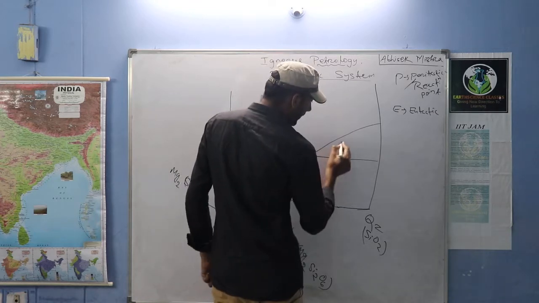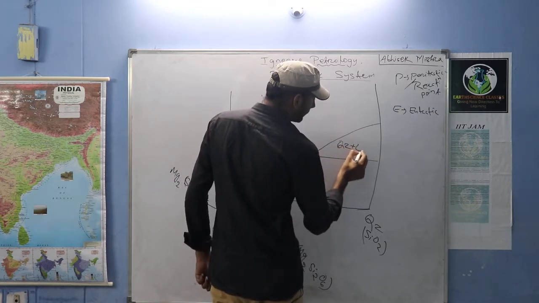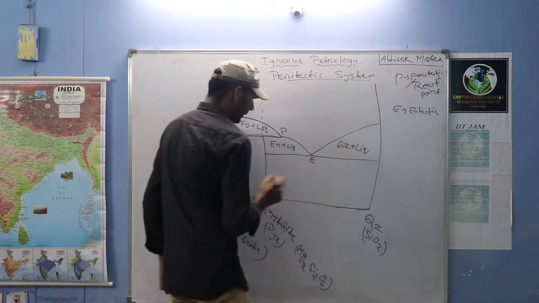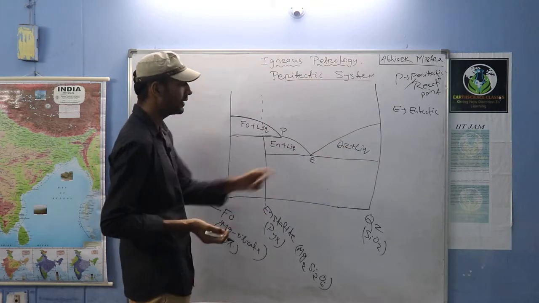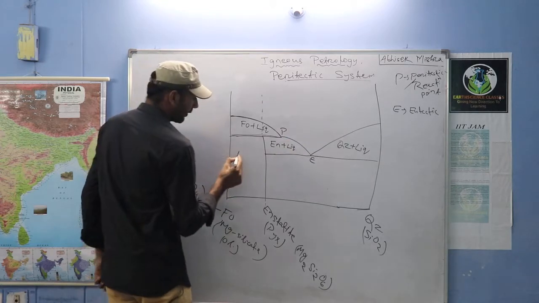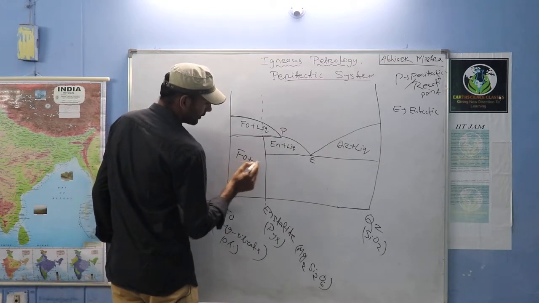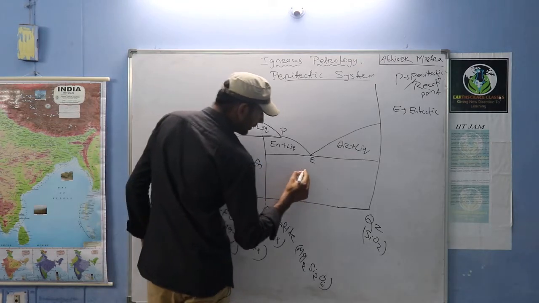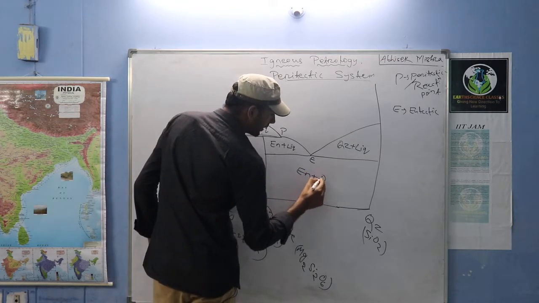This field is your quartz plus liquid. How am I marking these fields? I have already told you in eutectic, right? Forsterite plus enstatite, and this is your enstatite plus quartz.